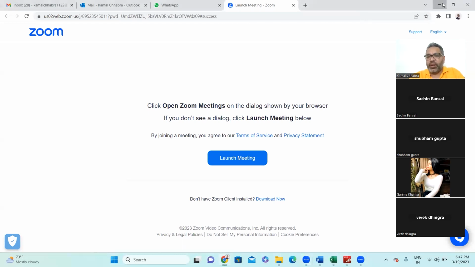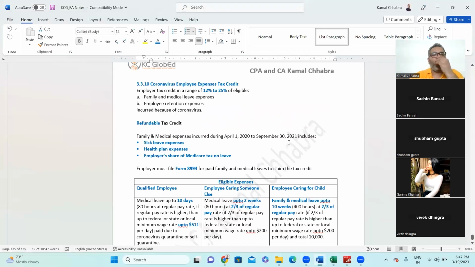Let's finish off the tax credit and then we are done with chapter 3. So now we are on the last topic, called coronavirus employee expense tax credit. This was specially added in 2020 as well as 2021, for only 1.5 years, starting from 1st April 2020 to September 30th, 2021, for certain expenditure that the employer has spent for the benefit of employees during the COVID situation.